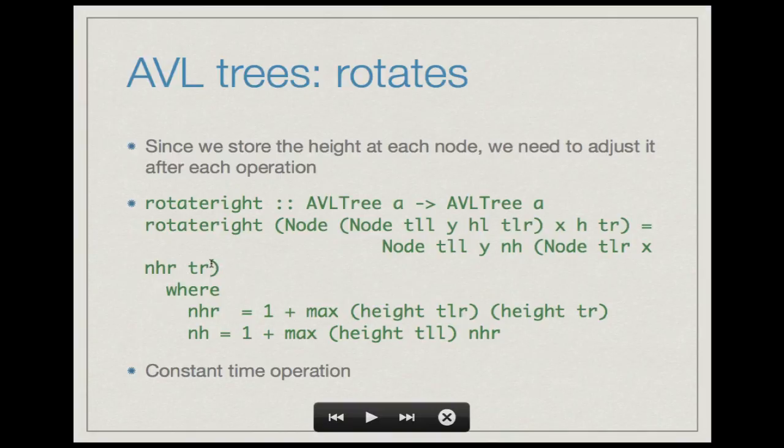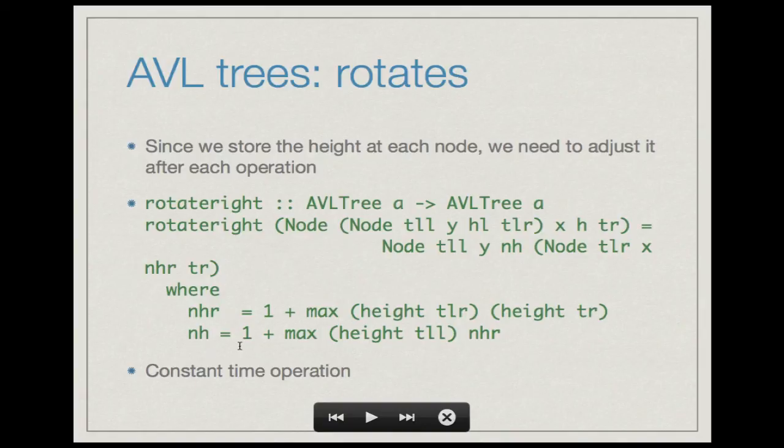This definition is exactly the same as the definition earlier, except that we need to recompute the heights. NH is the new height of the overall tree, and NHR is the new height of the right subtree. NHR clearly is 1 plus max of height TLR and height TR.